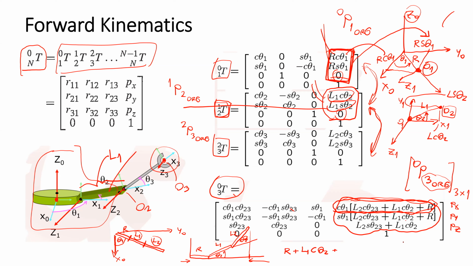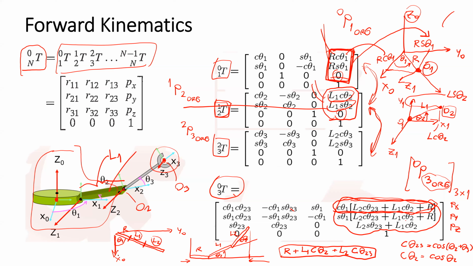The meaning of C theta 2,3 is cosine of theta 2 plus theta 3, okay? C theta 2 means cosine of theta 2. C theta 2,3 is cosine of theta 2 plus theta 3. So the projection length is here.